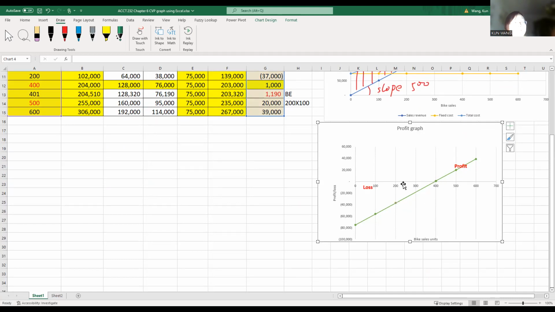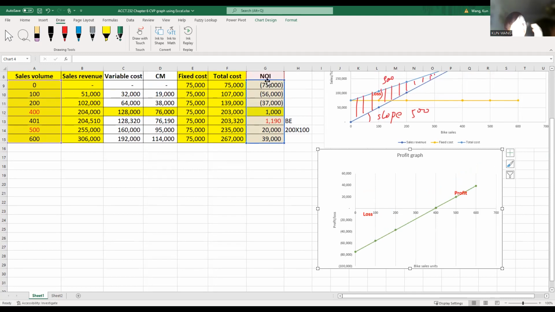Below the horizontal axis is your loss because you are charting or showing the net income only. Okay, this column is showing the graphing for the profit change, right? This is your break even. So I didn't really link them dynamically with the table, but I can do that.